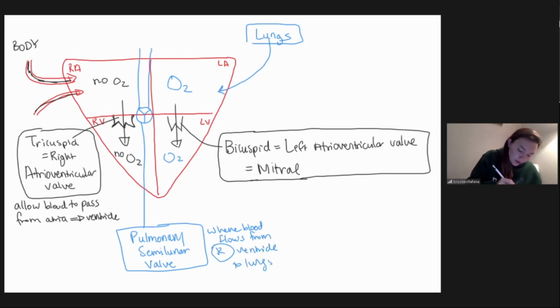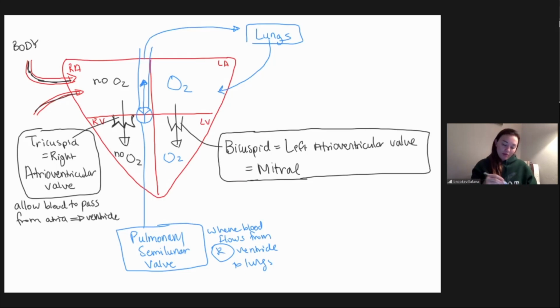Okay, so we're going to be going up to the lungs. This is my little arrow pointing towards the lungs through that pulmonary semilunar valve. So I'm going to redirect my blood flow here like that.